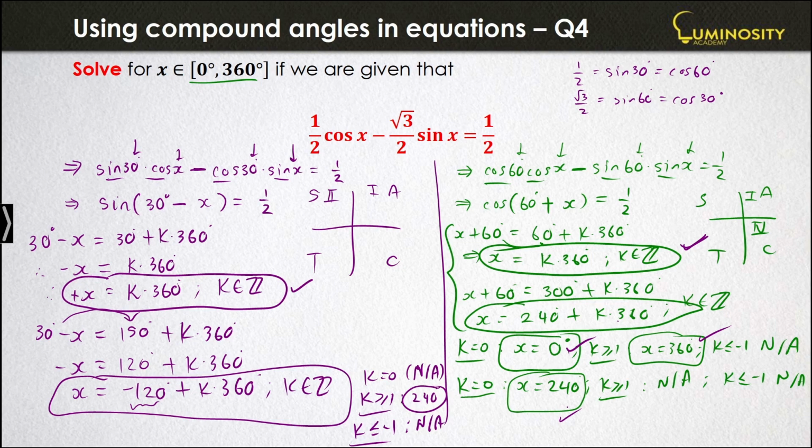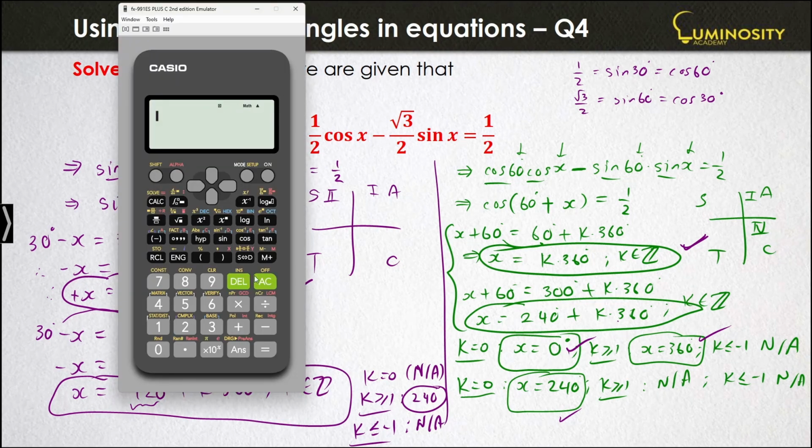Those are the 3 possible solutions for this equation. We can plug them into the original equation to verify. A half times cos of the first angle, 0, minus root 3 over 2 times sine of 0, gives a half, so that's fine.